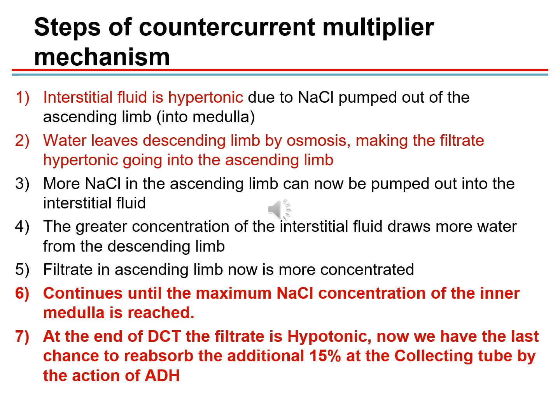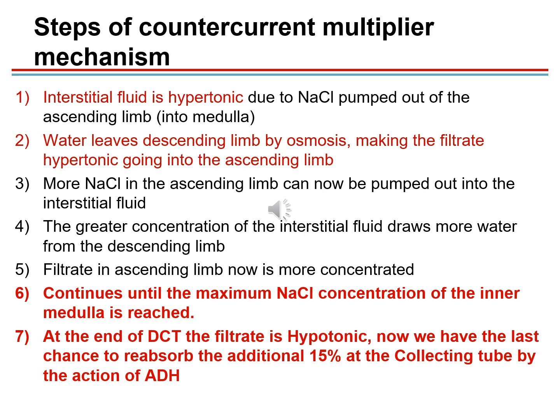Now, that situation makes the filtrate in the descending limb hypertonic going into the ascending limb. So in the descending limb the filtrate is isotonic at the beginning, and as it descends into the depth of the medulla it becomes more and more hypertonic.